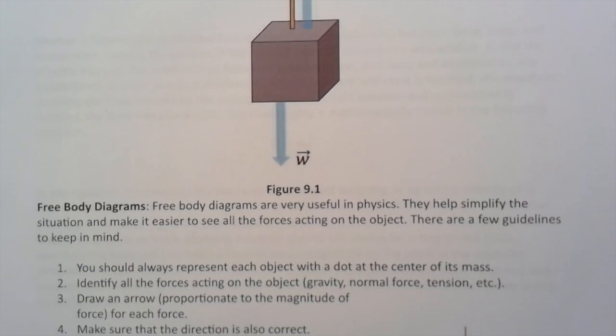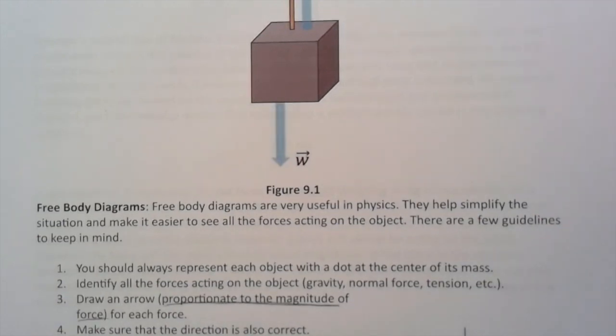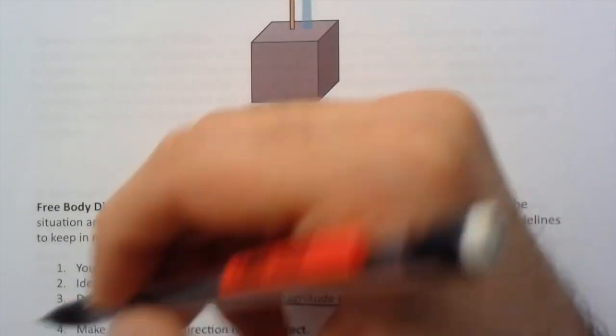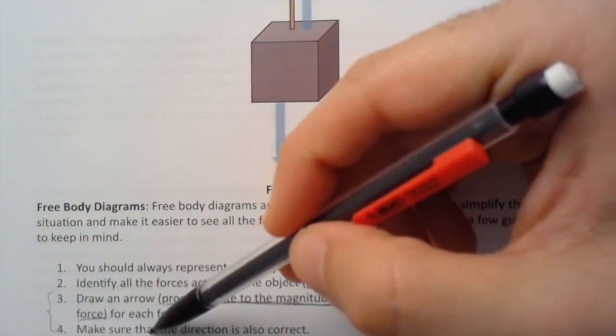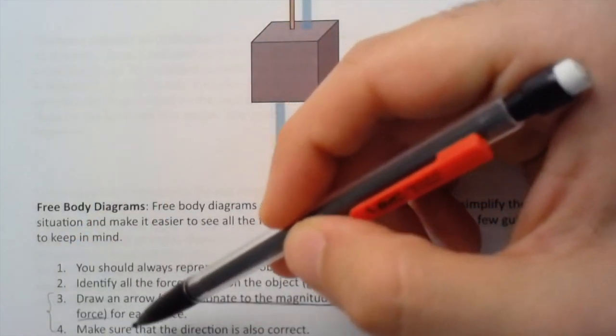And then for each one, you just want to draw a simple arrow, and this is an important part of it. You want it to be proportionate to the magnitude of the force. So if force 1 is 5 and force 2 is 10, you want the line for force 2 to be twice as long as force 1. And then, just like we said, these two are what make up a vector: directionality and magnitude.